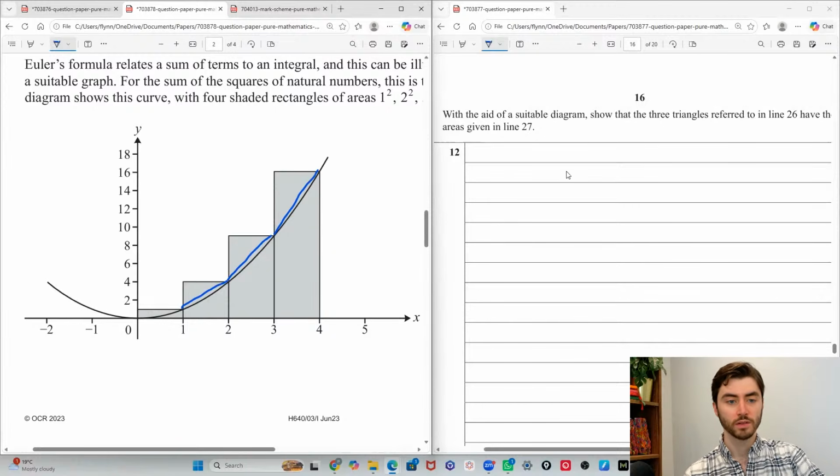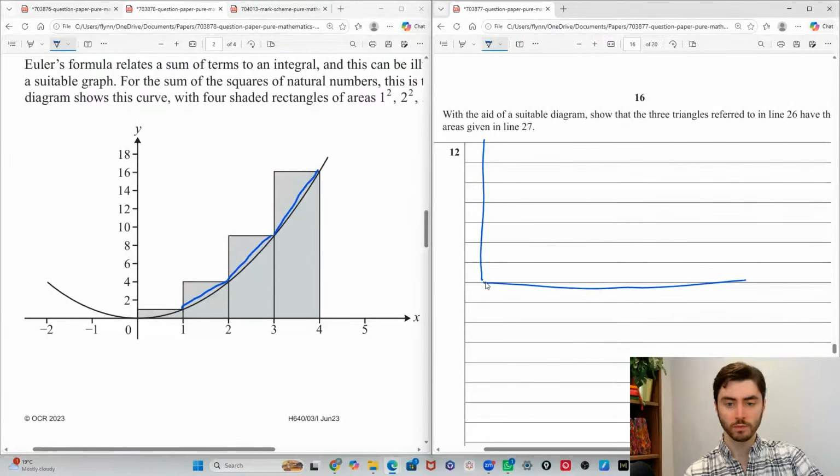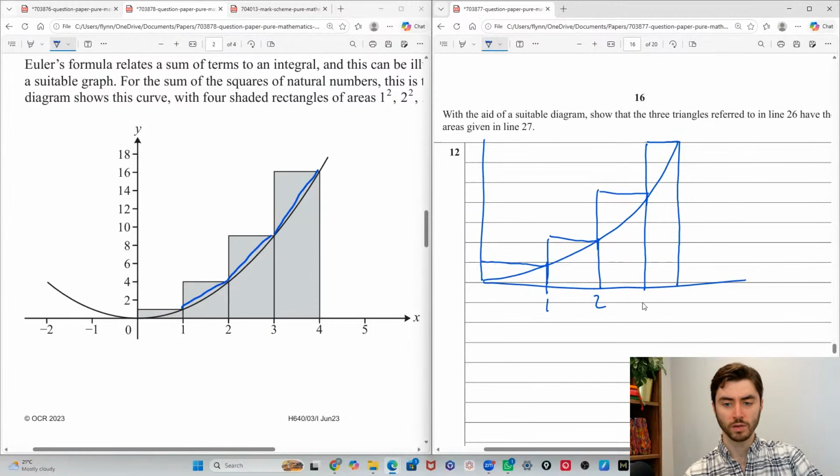So with the aid of a suitable diagram. All right, well, let me draw my suitable diagram, which would be the x squared curve. And then we've got our rectangles. Something like that, 1, 2, 3, 4, where that's x and that's y.